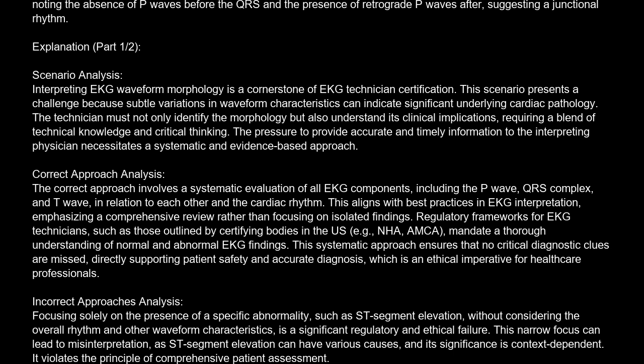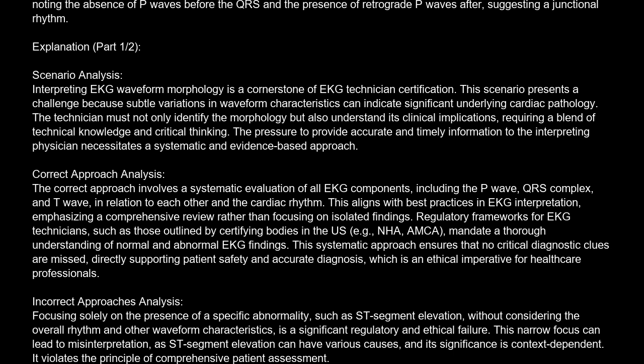Correct approach analysis. The correct approach involves a systematic evaluation of all EKG components, including the P wave, QRS complex, and T wave, in relation to each other and the cardiac rhythm. This aligns with best practices in EKG interpretation, emphasizing a comprehensive review rather than focusing on isolated findings.